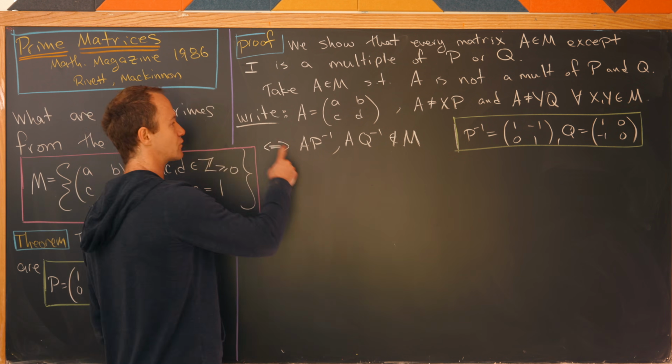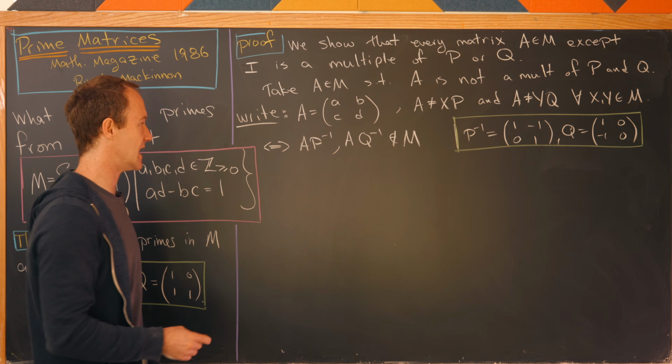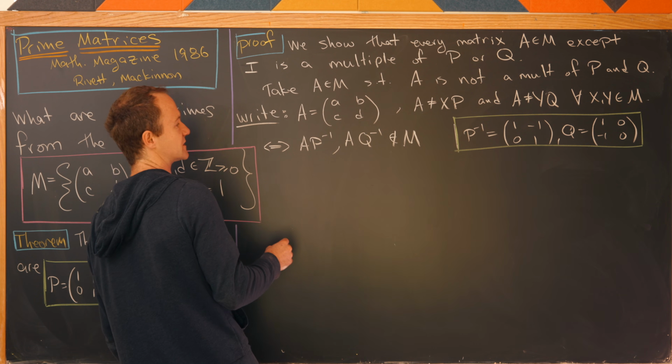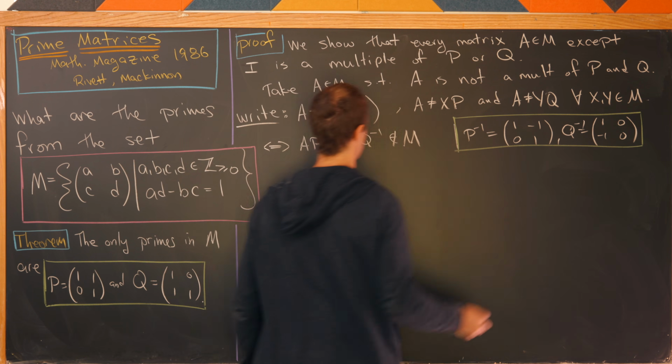Okay, so now let's rewrite this with our matrix A and those forms for P inverse and Q inverse.